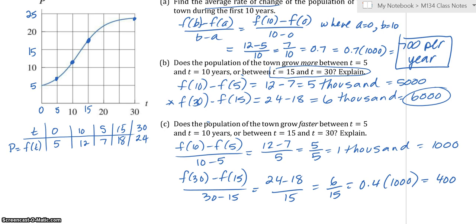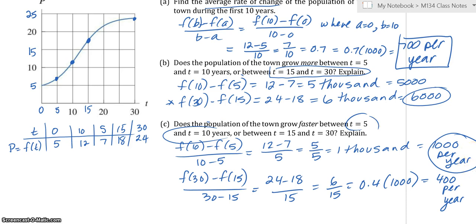And by the way, what are the units? This is per year, and this is per year. Oh, it's changed. It looks like this one is faster. That means the answer is here. Between 5 and 10 years is 1,000 per year.